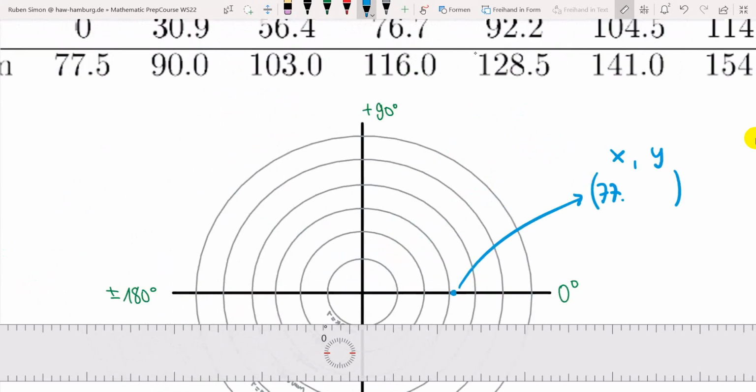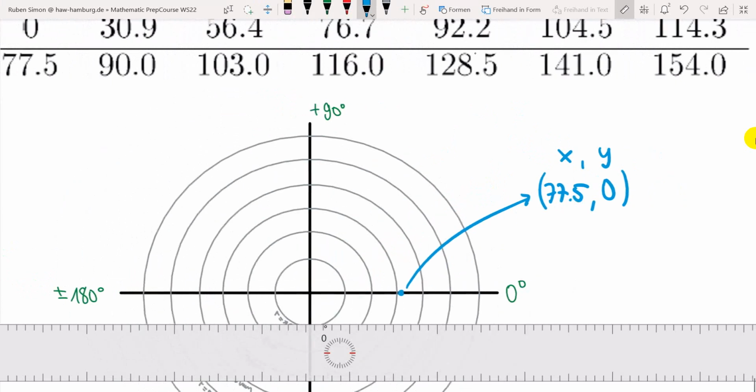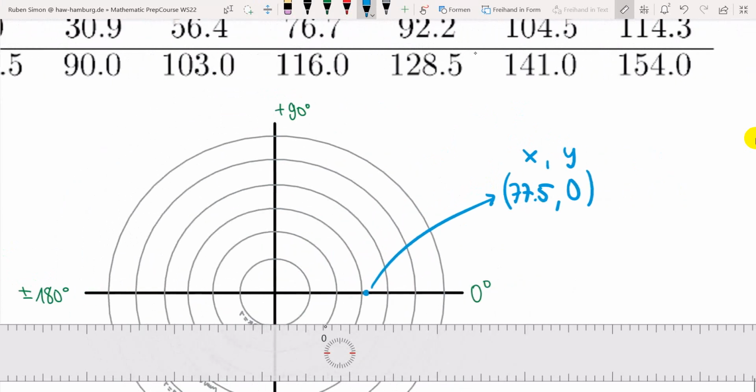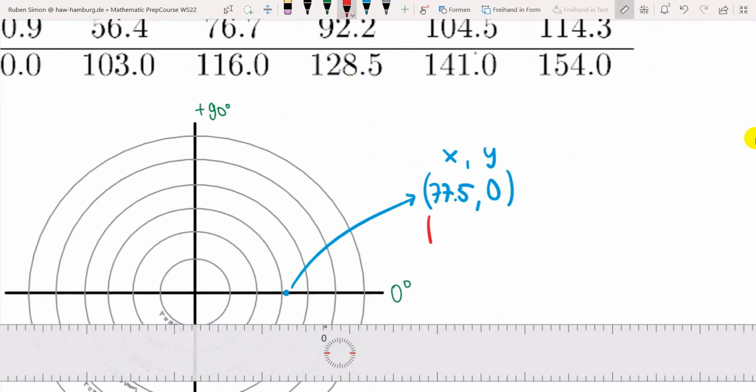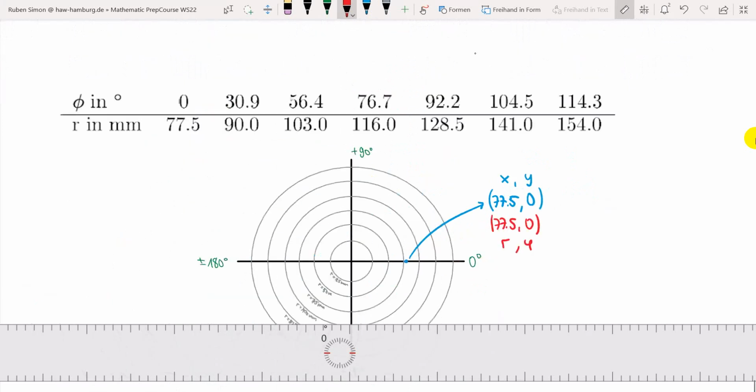Correct. So these would be the Cartesian coordinates of the point, while the polar coordinates of the same point are, as we determined, 77.5 and 0 as well. So this would be r and phi. In this special case, the coordinates would be exactly the same.